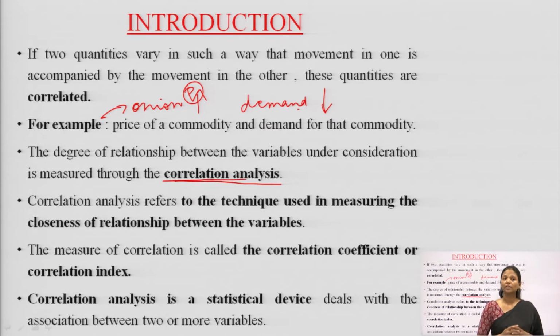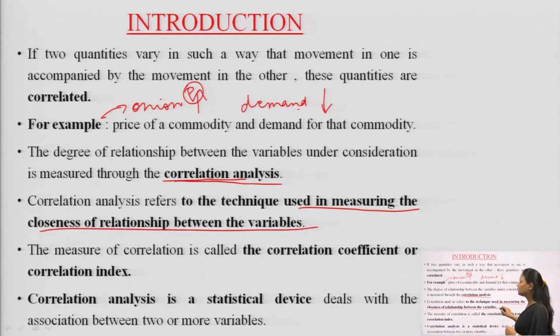Now, correlation analysis is a technique used in measuring the closeness of relationship between the variables. That means, with the help of correlation analysis, we will be studying the closeness between the price of onion and the demand of onion. This shows us the closeness of these two variables.